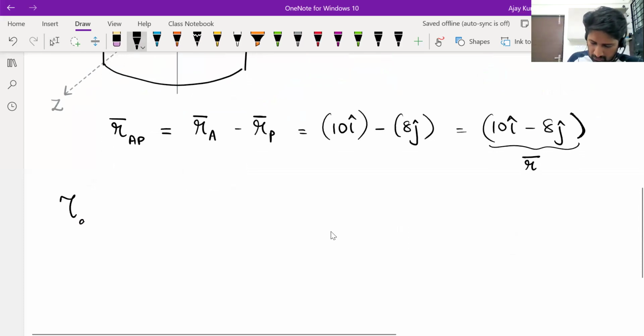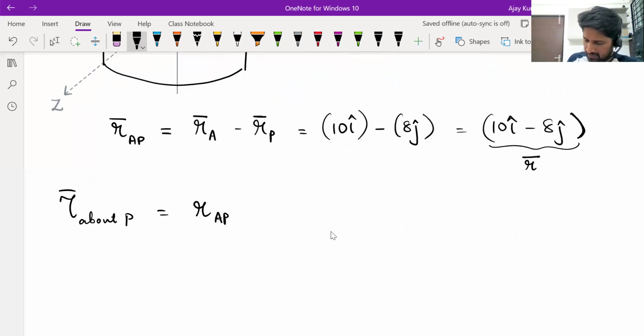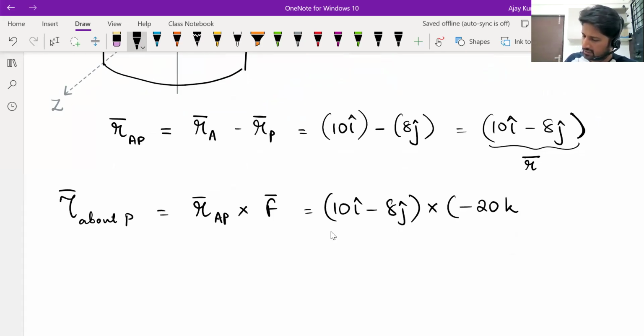Torque about the point P is what we are calculating. So you will need position of A with respect to P cross the force whose torque you are calculating. Position is 10 I cap minus 8 J cap, cross the force, minus 20 K cap. Okay.